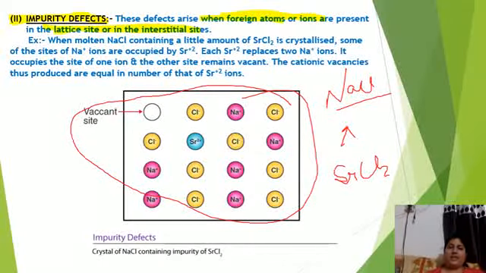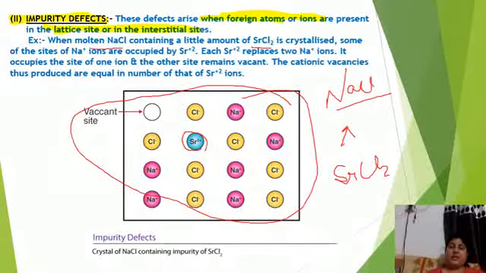Okay, see here, at one place strontium has come. This is done in the molten state only, because NaCl is in solid state, we cannot do this in it. But when we convert this NaCl into molten state, we can add strontium chloride also.